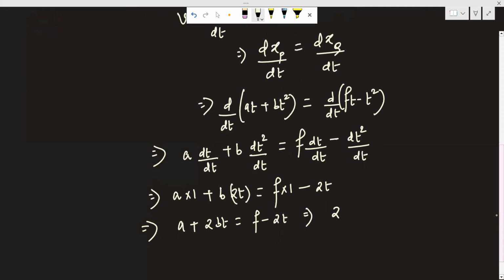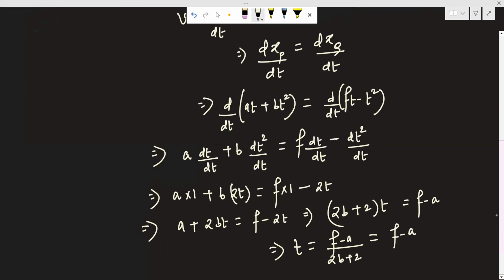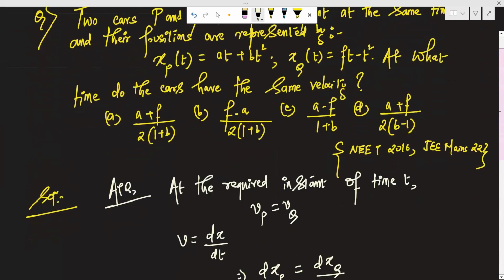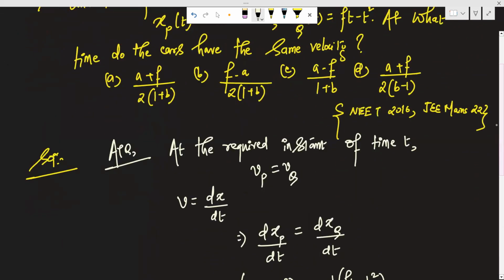What do we get? 2b plus 2t equals f minus a. That means t will be (f minus a) by (2b plus 2), or if you take 2 common, 2 into (b plus 1). So this will be the required time, and you can see this is option number B.